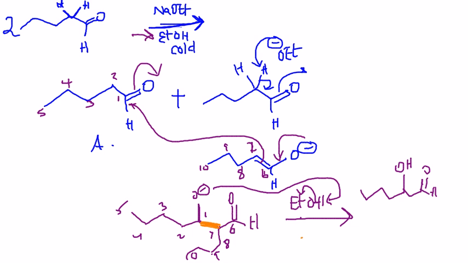It's a beta hydroxyaldehyde. 1, 2, 3, 4, 5. So that's going to go through the reaction, and that's your aldol. Now they just stopped at ethanol, cold. They haven't done the acid step.